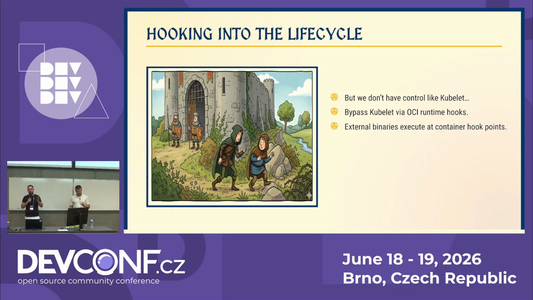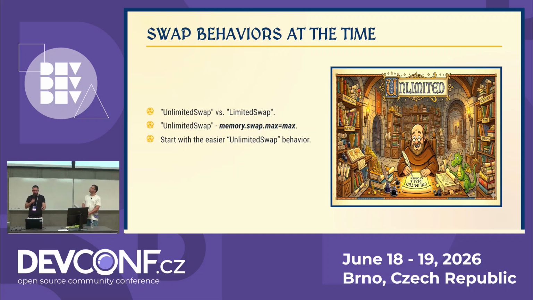These are external binaries that run at certain container hook points and can interfere with how OCI does things, and this is how we did it. Back in the day we had two swap behaviors in Kubernetes: one called unlimited swap and the other limited swap.